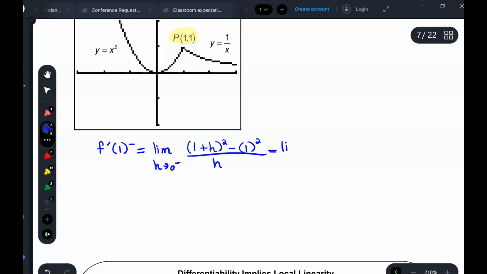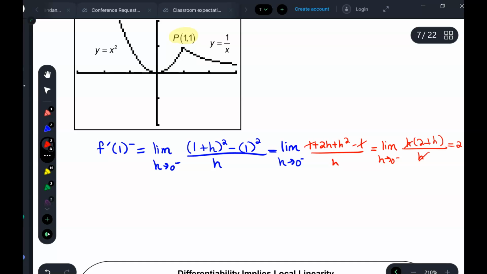So that's going to be 1 plus 2h plus h squared minus 1, over h. We get 2.